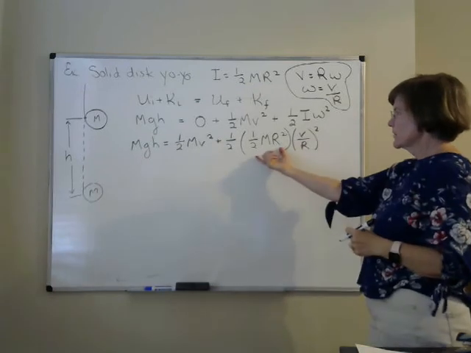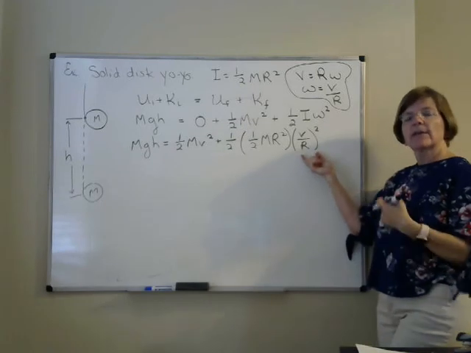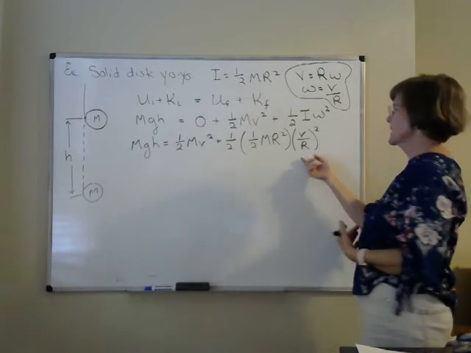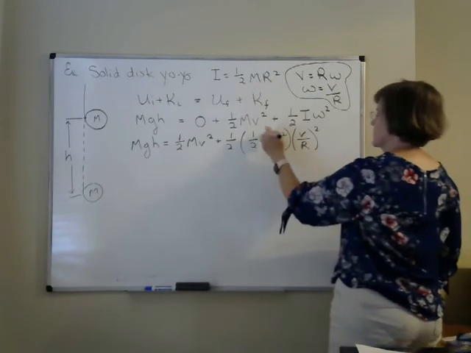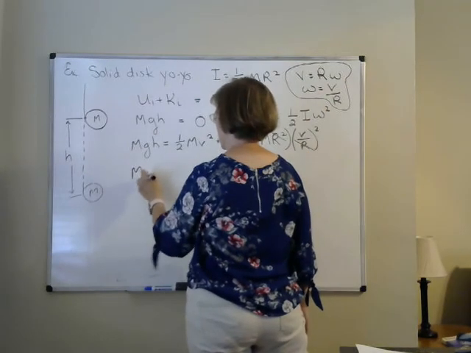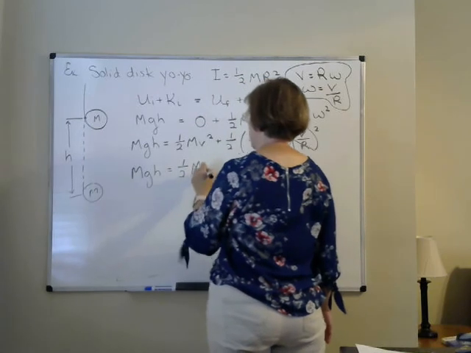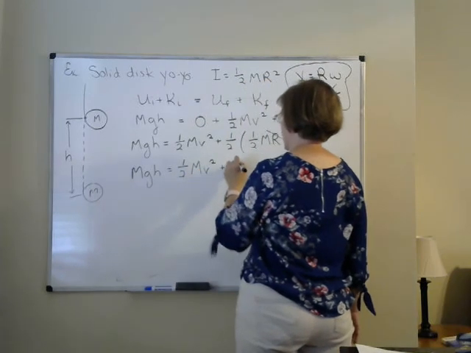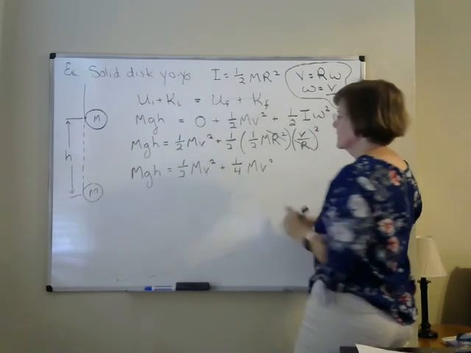Here's my moment of inertia. Here's my angular velocity in terms of the linear velocity v. Again, pretty miraculously, these r's cancel. These come out to look just alike.